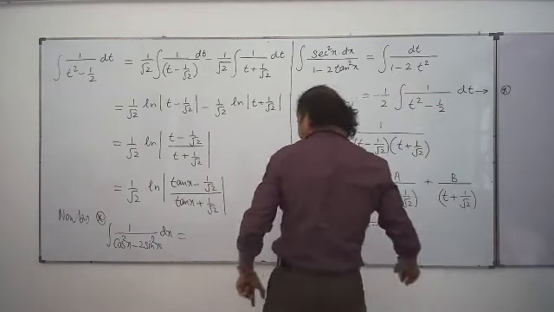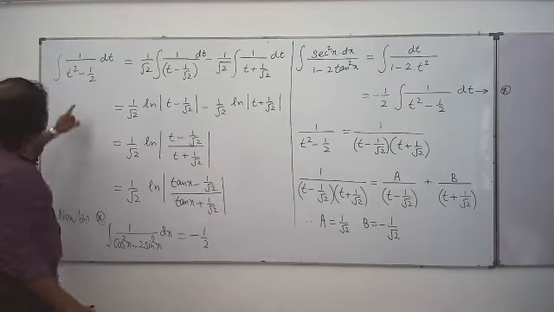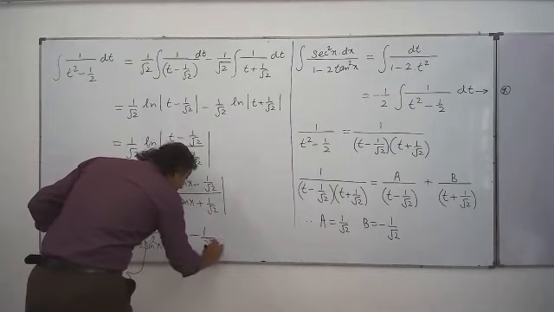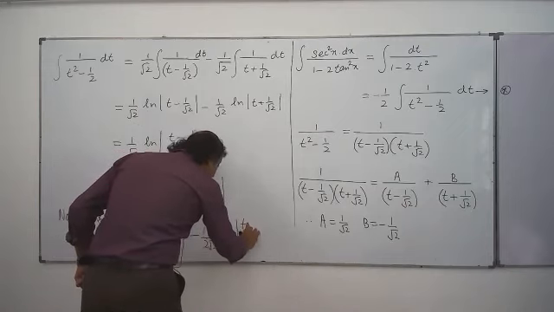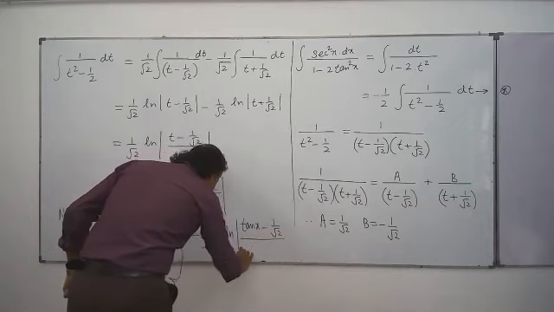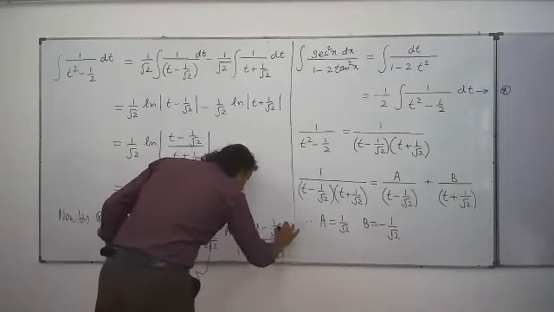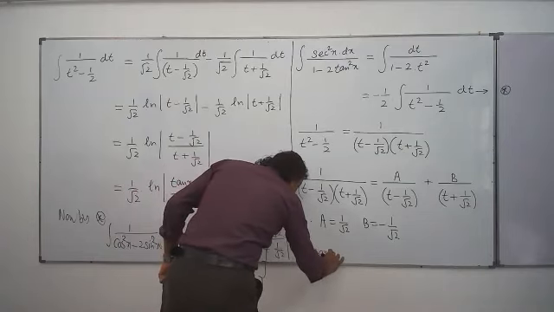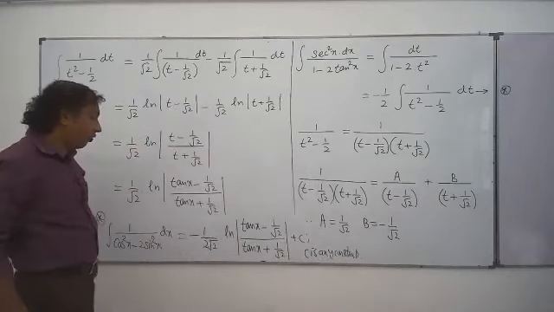It is minus half integral that one, people, now this answer. 1 over root 2, that means 2 root 2 here. Ln modulus tan x minus 1 over root 2 divided by tan x plus 1 over root 2 plus c. C is any constant. This is how we take the final answer.